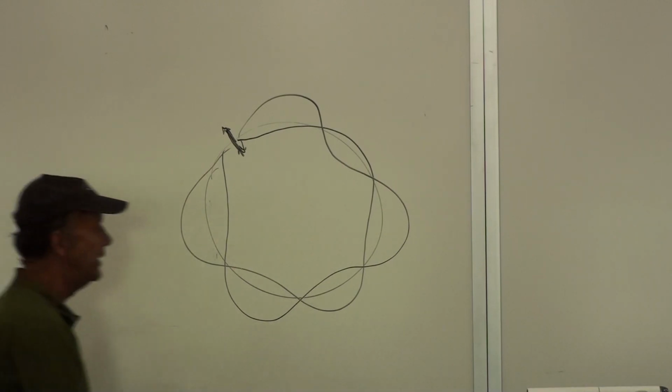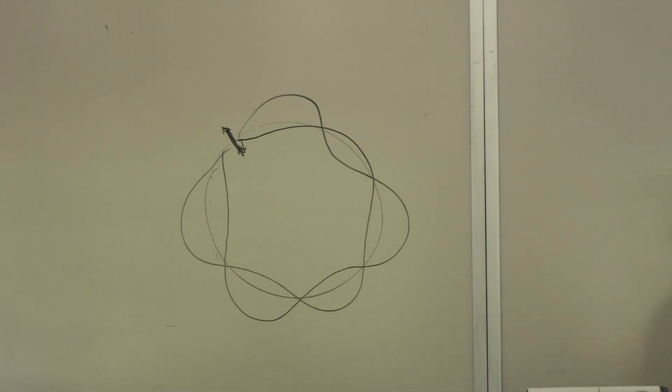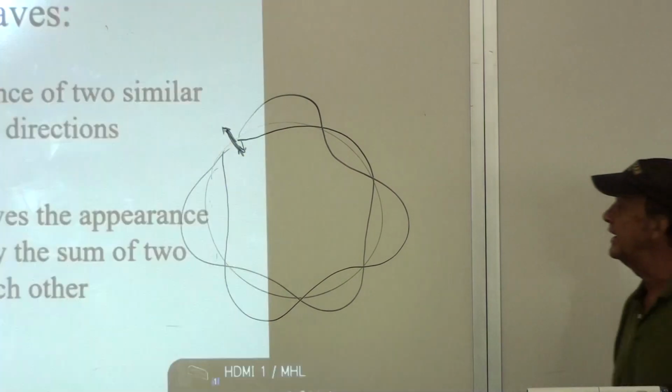And those standing waves are constructively interfering. And so this is our general definition for standing waves. It's a constructive interference of similar waves that move in opposite directions.